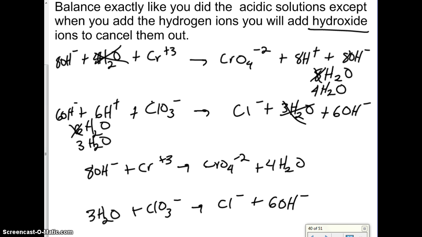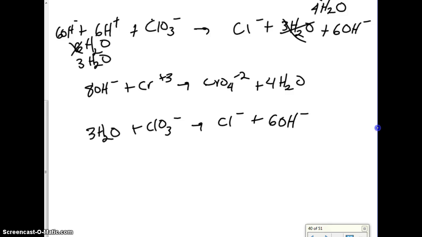So now we get to the point where we're familiar. Now we balance our charges. So we have 8 hydroxides here, which is -8, plus a +3. That means there's a total of -5 on this side of the equation. -2 for our chromate and 0 for water, so a total of -2. So we're going from -5 to -2, which means we lost 3 electrons.